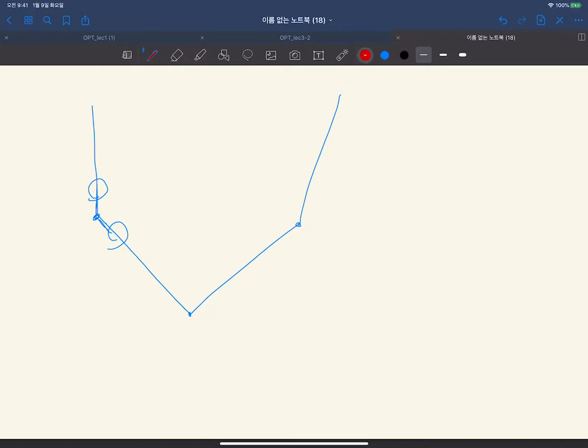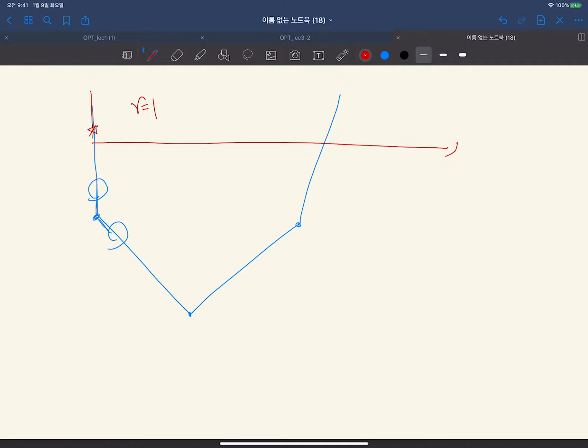For instance, if our initial point is here, because the slope is too rapid, the gradient is very high. So with some constant learning rate like gamma equal to 1, I think the update will go too far from here, essentially going to some bad area or diverging.